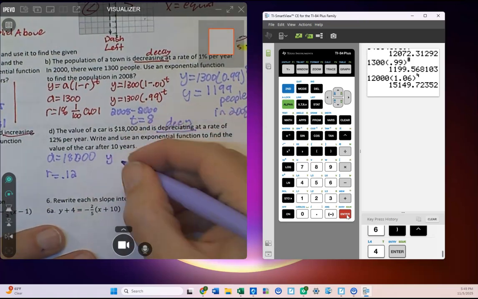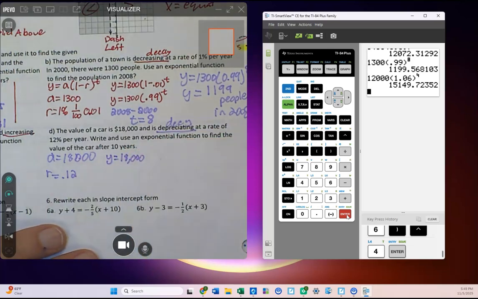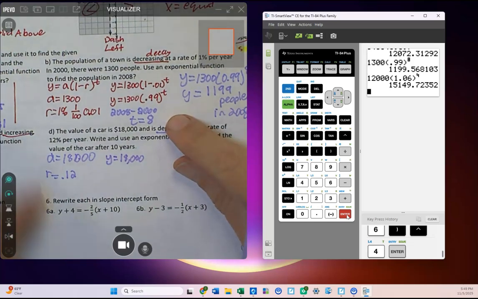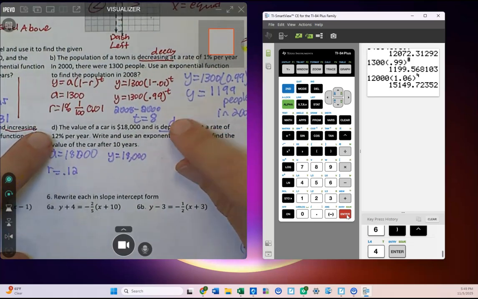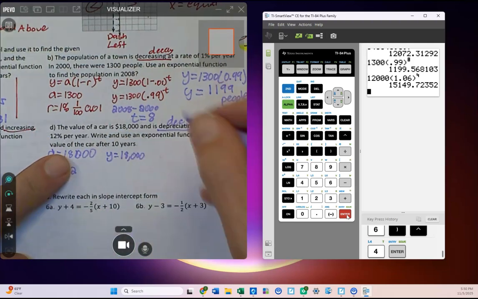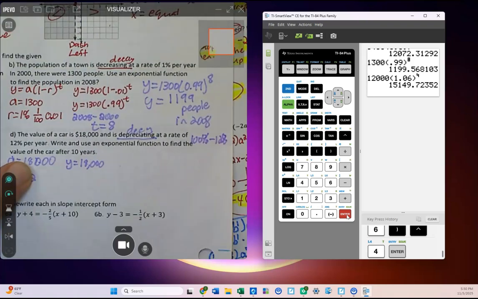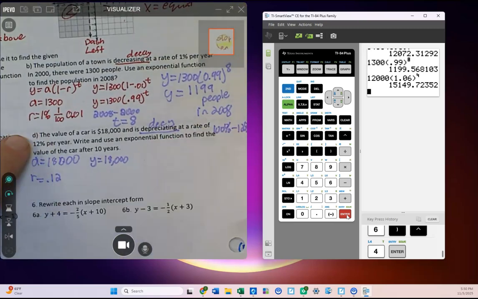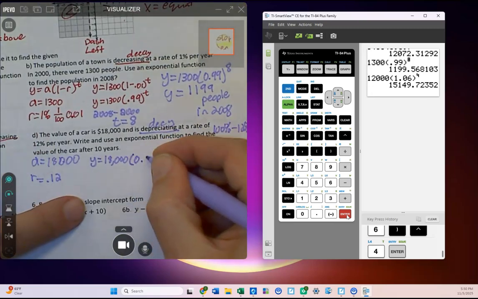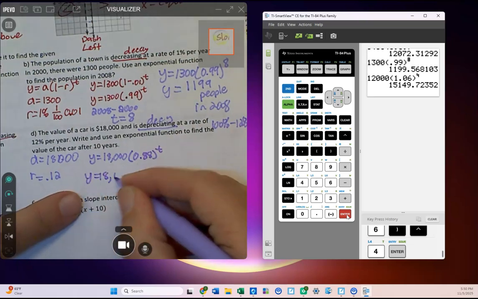Alright, here's the easy button. The formula has 1, and that means 100%. So it's going to give us 100% of 18,000, which is 18,000, minus 12%. So a faster way is to do 100% minus 12%, which a lot of kids can do in their head: 88%. So that's the easy button.